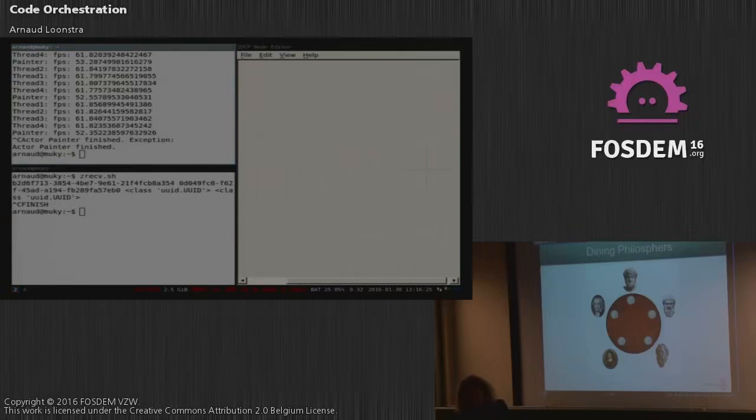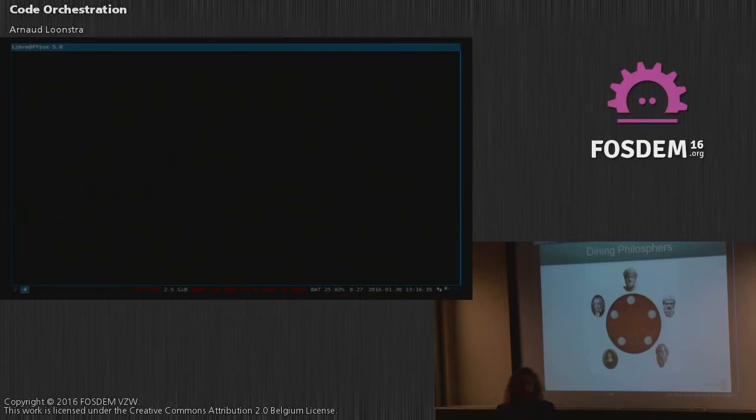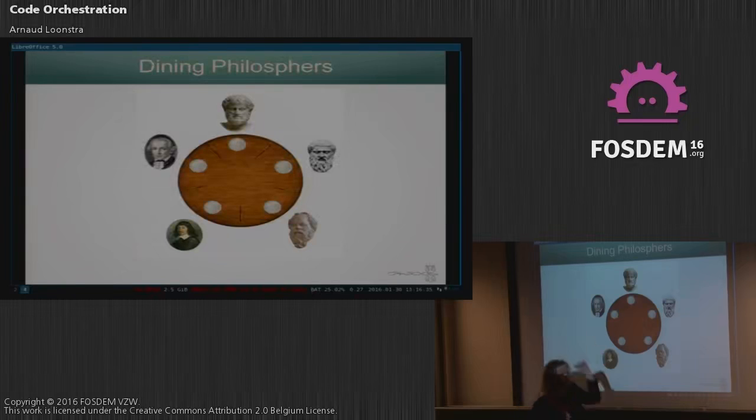When they eat, they acquire food for thought, and they philosophize about their thoughts, and only 2 philosophers can eat at a time because they have to get 2 chopsticks. So this is a program you have to design. It's a bit of an abstract problem, especially for creative coders, but let's see how it looks.